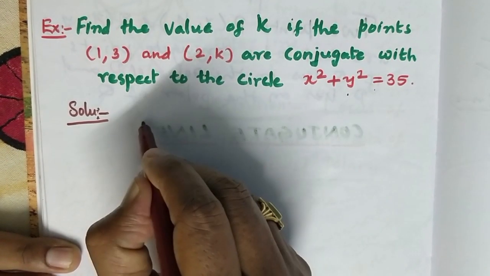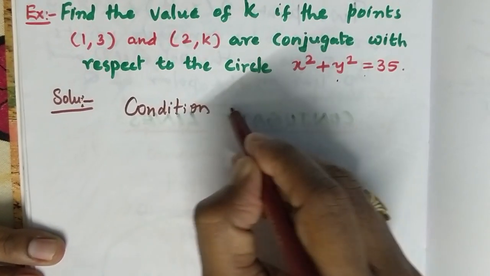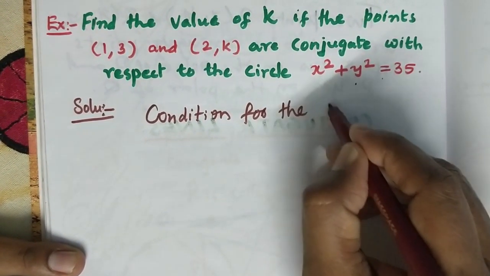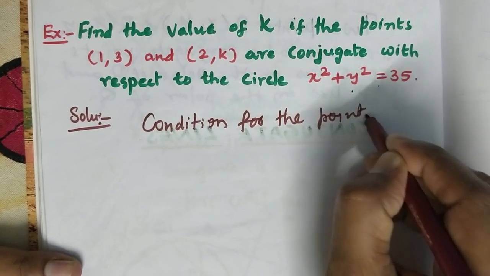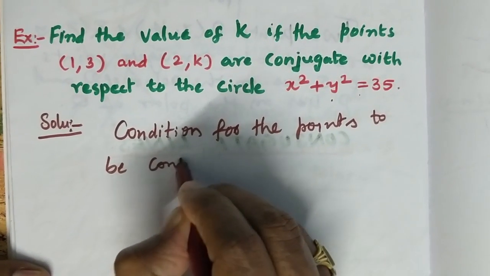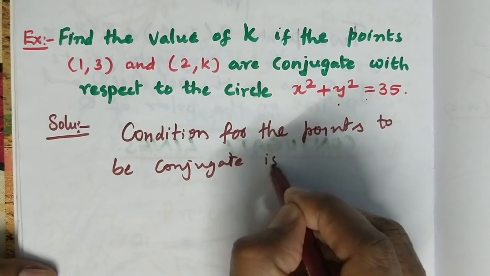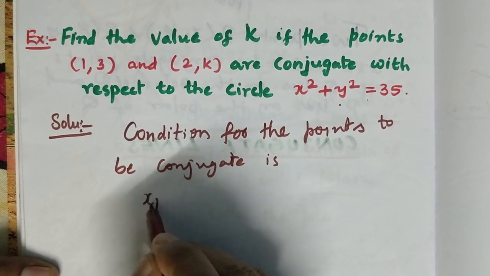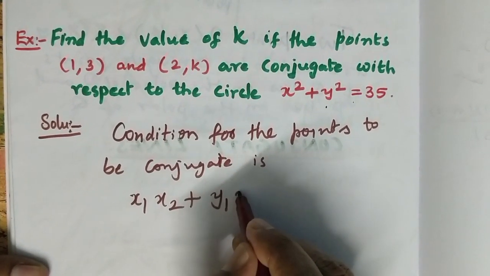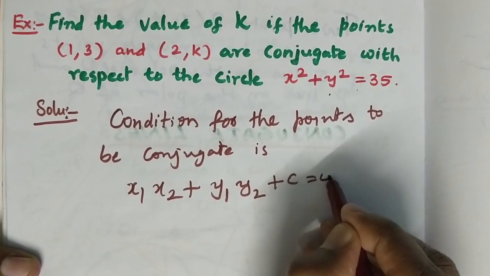So the condition for the points to be conjugate is x1 x2 plus y1 y2 plus c = 0.